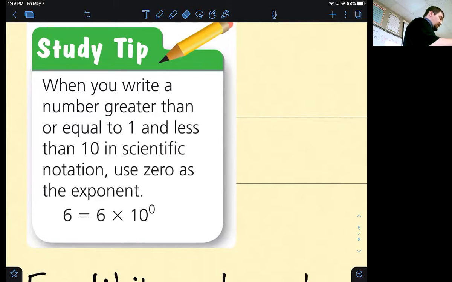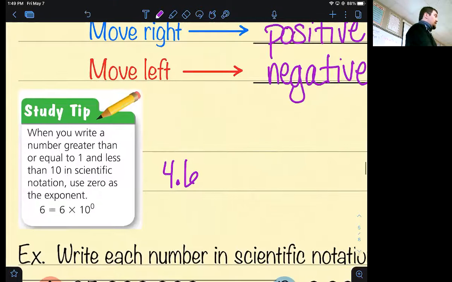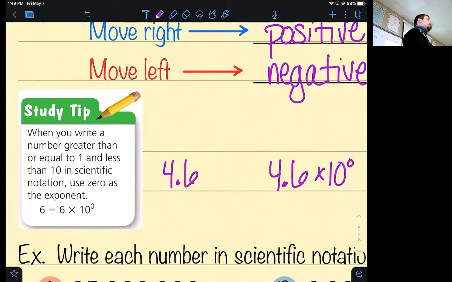Okay, so if we have a number like this, or even if I said take the number 4.6 and write it in scientific notation, since 4.6 is already between 1 and 10, if I asked you where I have to put the decimal point to make that number between 1 and 10, you'd say it already is between 1 and 10. So technically, I'm moving it 0 times. That's like seeing a problem where it says the number times 1 and typing in the calculator 6 times 1.